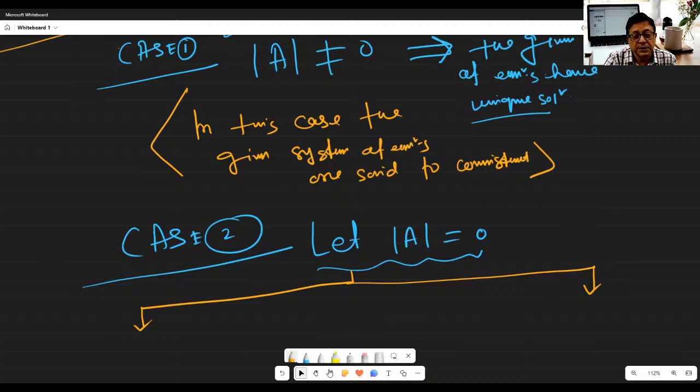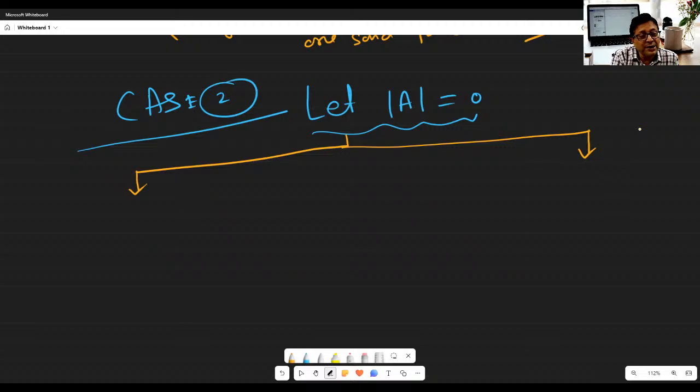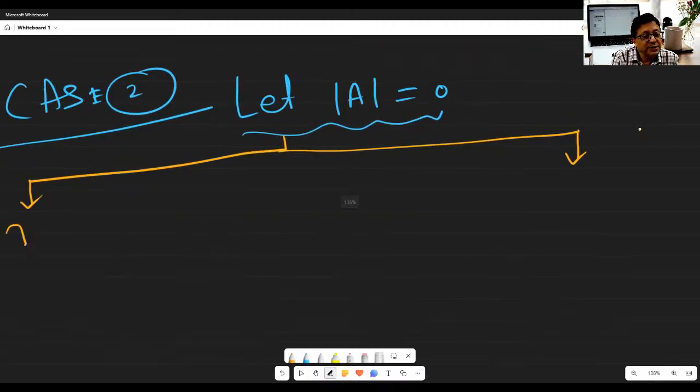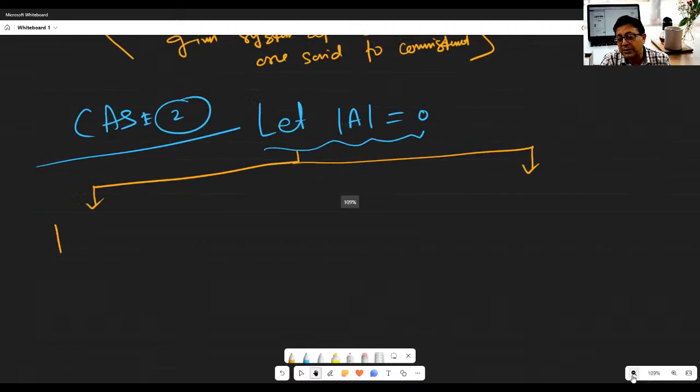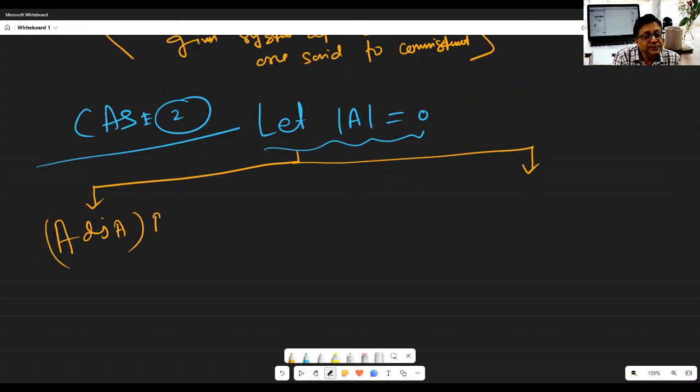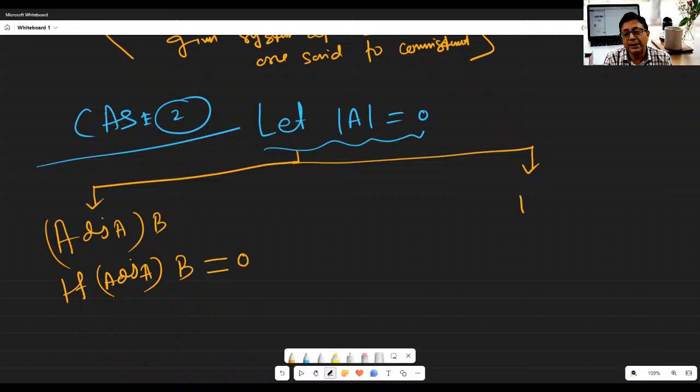In this case, we will be finding adjoint A into B when det A equal to 0. If adjoint A into B equal to 0, and if adjoint A into B not equal to 0.